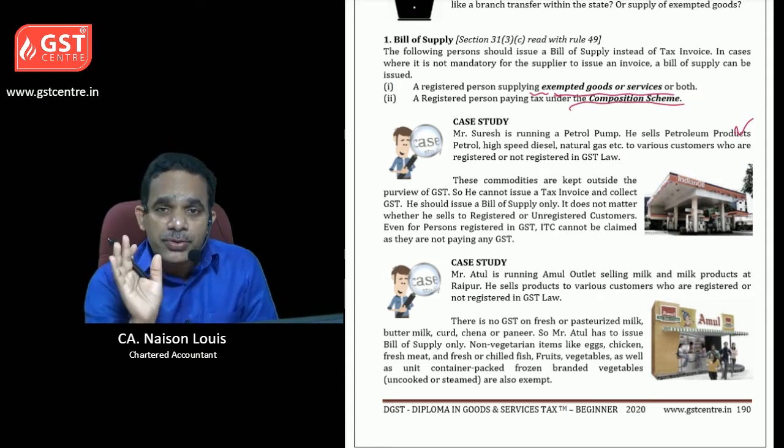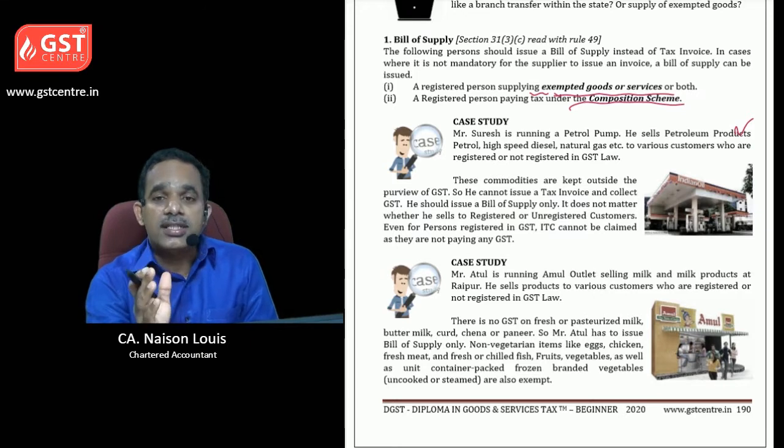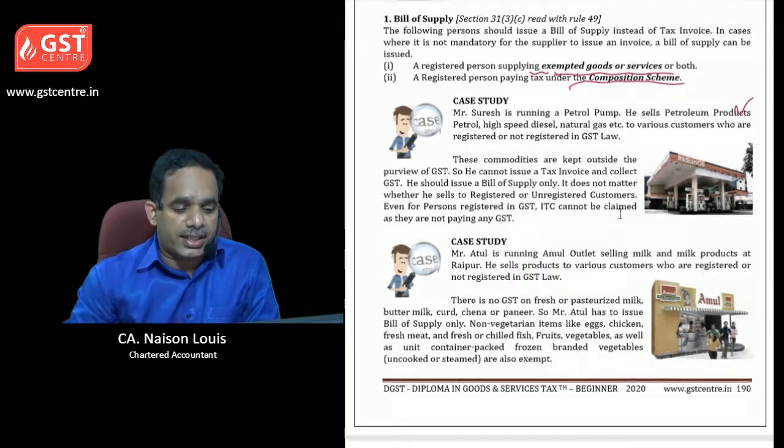So he cannot issue a tax invoice and he should issue a bill of supply. Clear? It does not matter whether he sells to a registered or unregistered customer. He should issue a bill of supply only, and the customer cannot claim input tax credit.